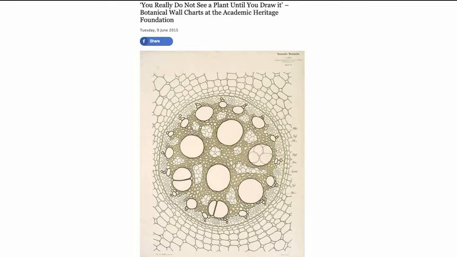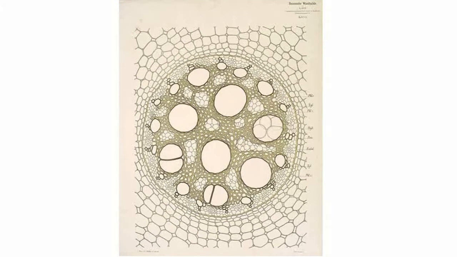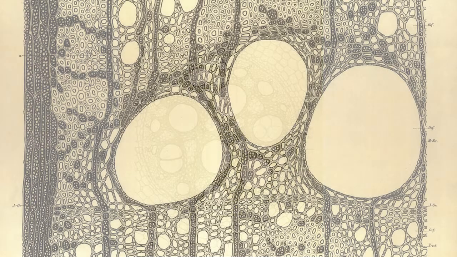It requires a higher order of observation to be able to declare exactly where you see the positions of these xylems in here, or even the ratio of this stele, and I'm using botanical terms because I can't help it, to the rest of the transverse section of a root. So very, very careful observation is required before you declare where you're going to put your pencil when you're doing your drawing.